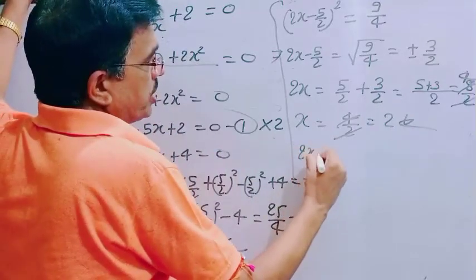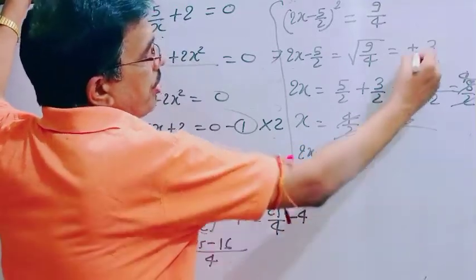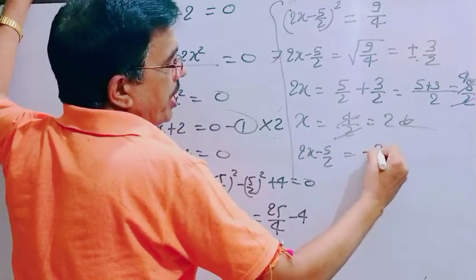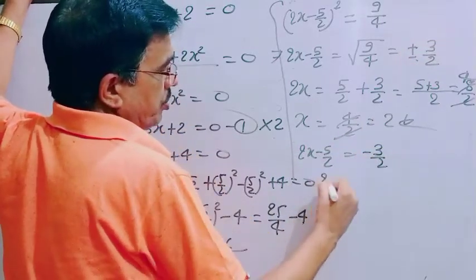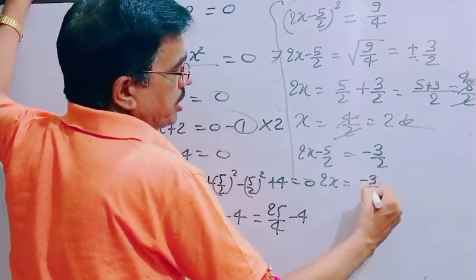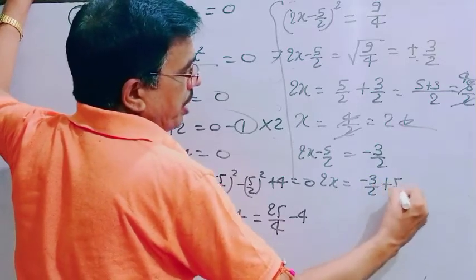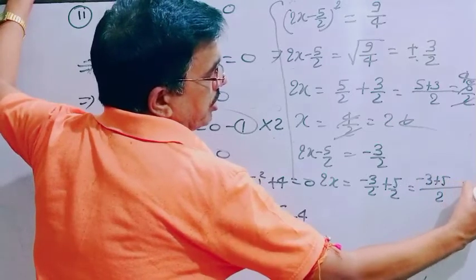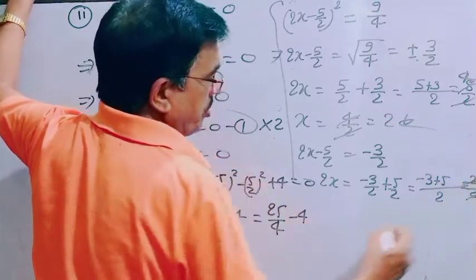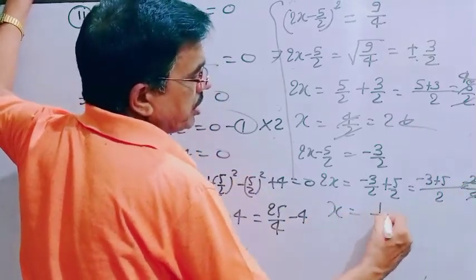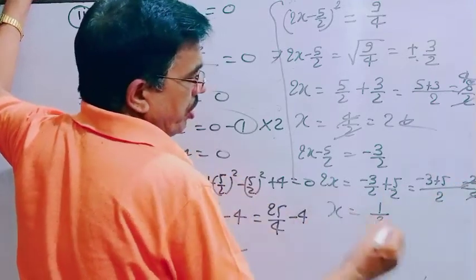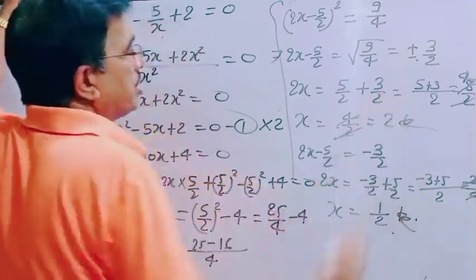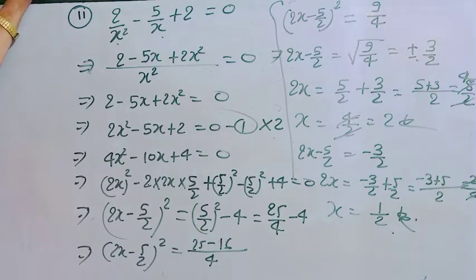Next, 2x minus 5 by 2 is equal to minus 3 by 2. So 2x is equal to minus 3 by 2 plus 5 by 2. LCM is 2, minus 3 plus 5, that is 2 by 2. So what is the value of x? Here 2 is divided, so it is 1 by 2. So you solve this question by this method.